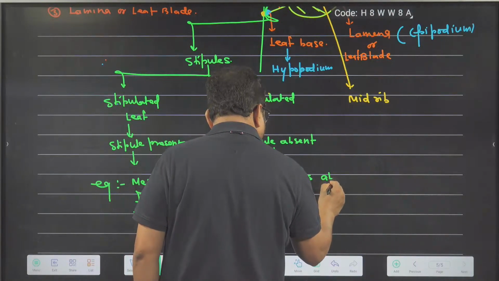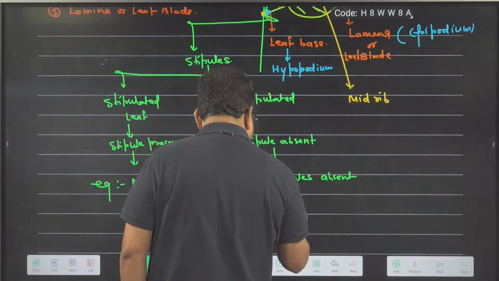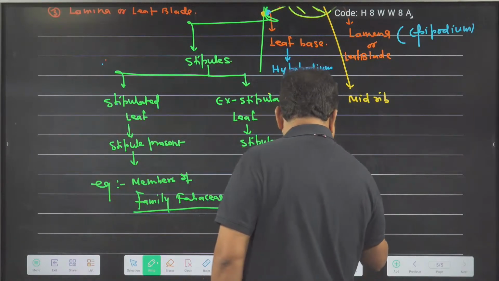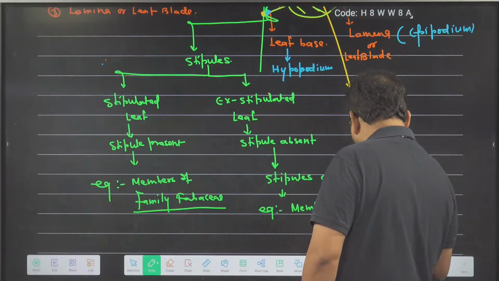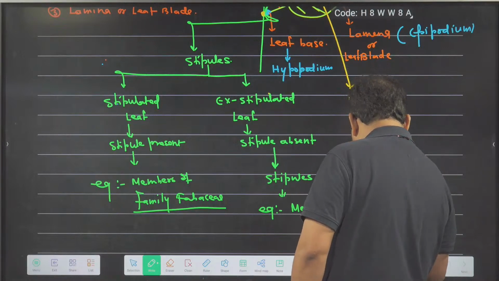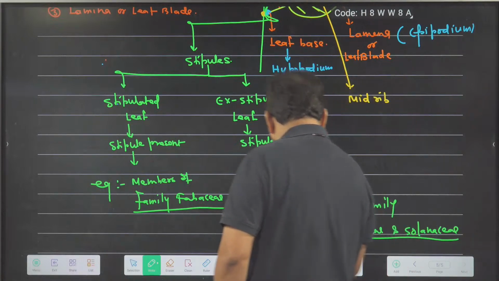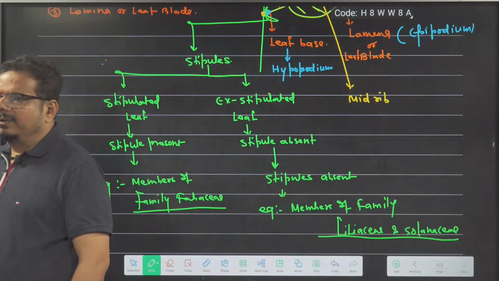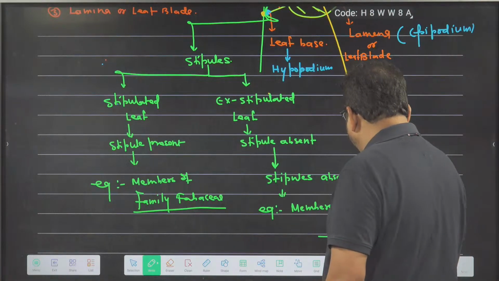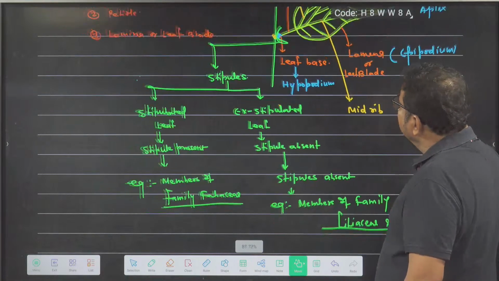Examples are members of family Liliaceae and Solanaceae. It is not a compulsory structure on the leaf. It may be present, it may be absent. Are you getting the idea or not?